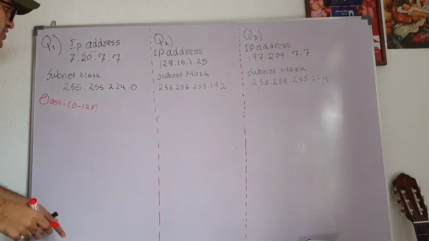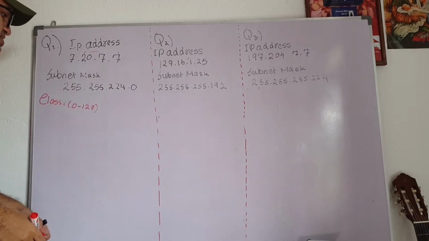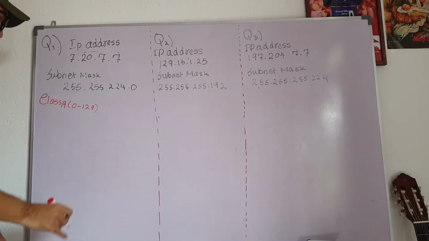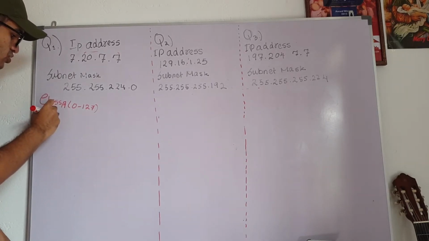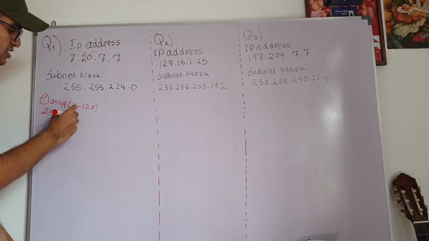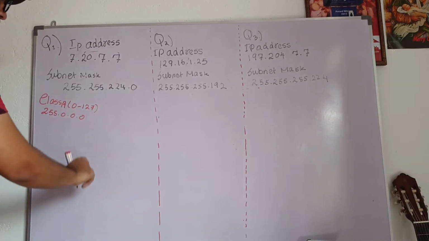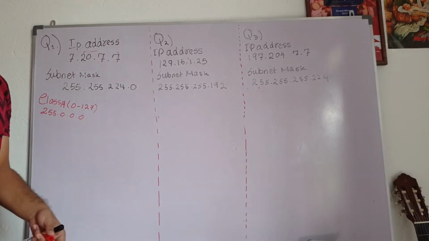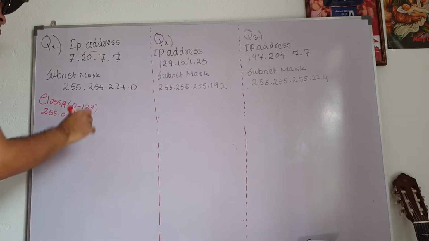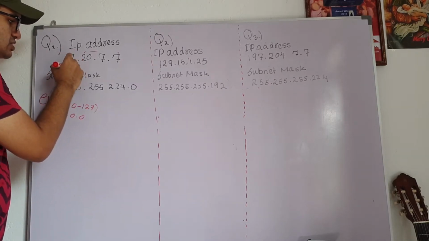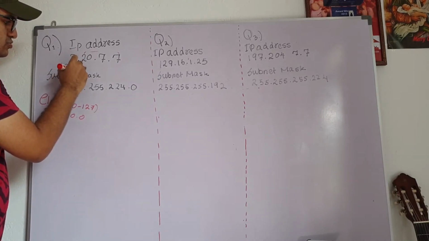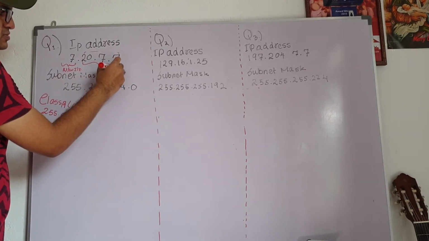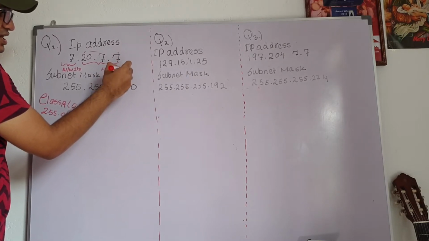You know that 7 lies between 0 and 127, so this is class A. In class A, the default subnet mask is 255.0.0.0. Now you should also identify the network ID and the host ID of the class A IP address.